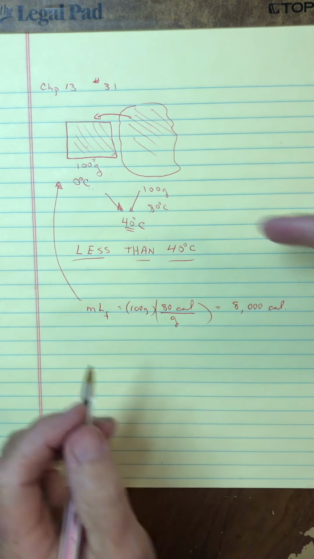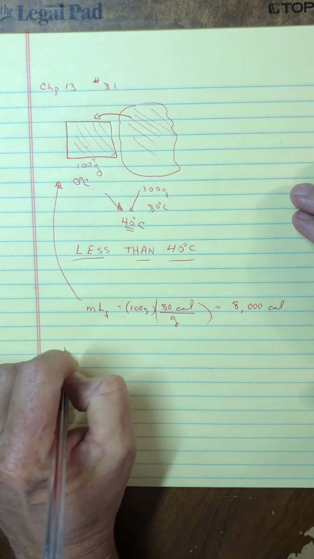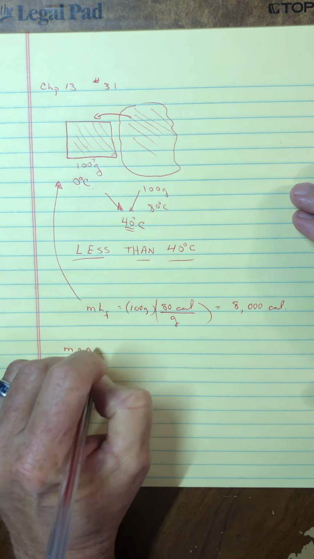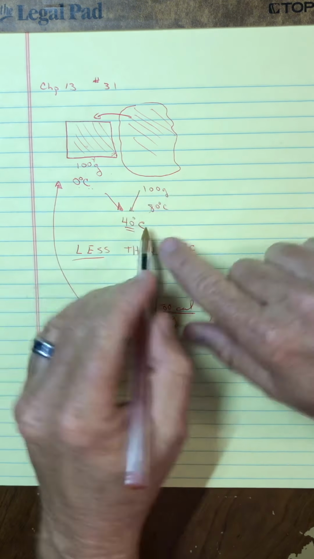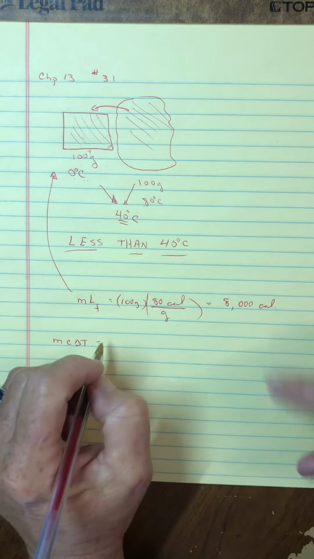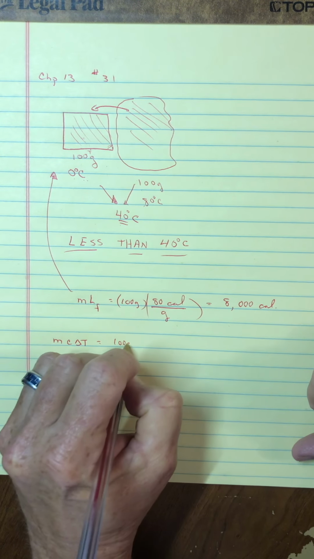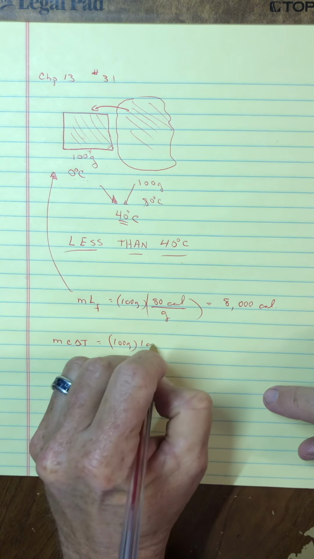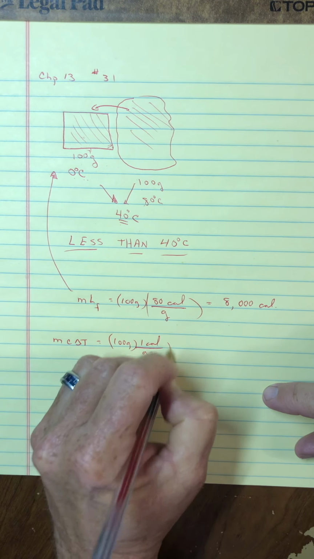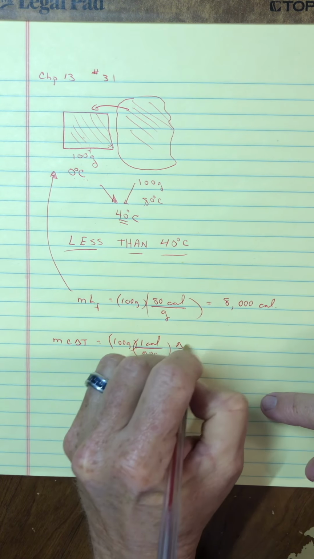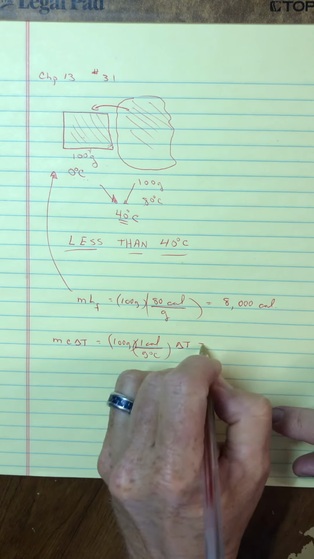So let's see. Now I'm going to do a calculation, mcΔT. This would be the cooling down of this warmer water. Again, we have 100 grams, and because it's water, it's 1 calorie per gram per degree. And my question is, what would the change of temperature be?